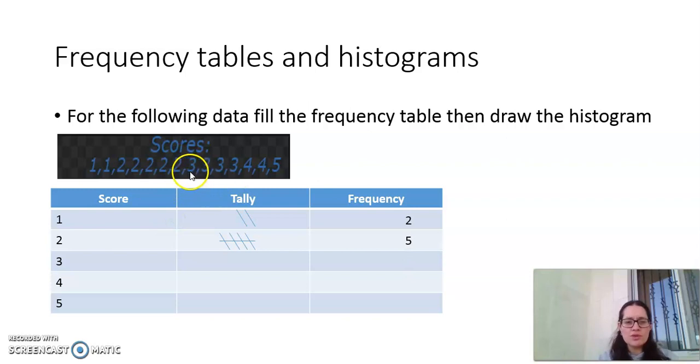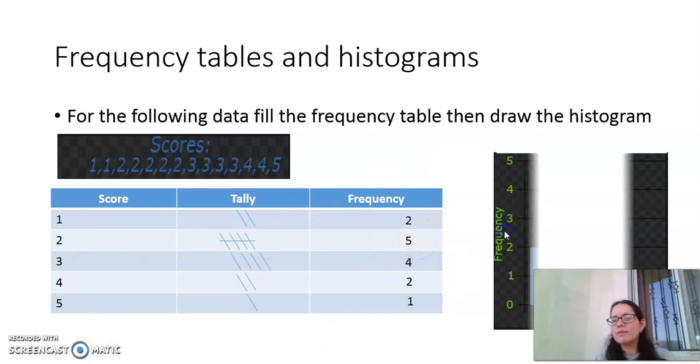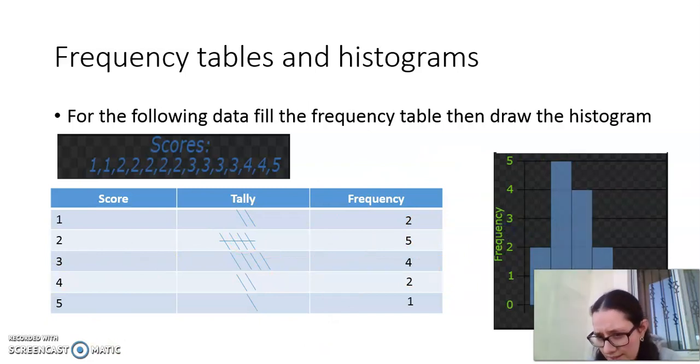How many students scored 3 points? 1, 2, 3, 4. Yes, 4 students. How many students score 4 points? 1, 2. How many students score 5 points? Only 1. Now we are going to draw this frequency table as a histogram, and this is our histogram.